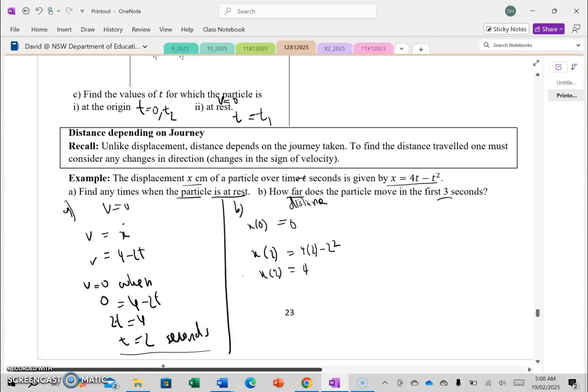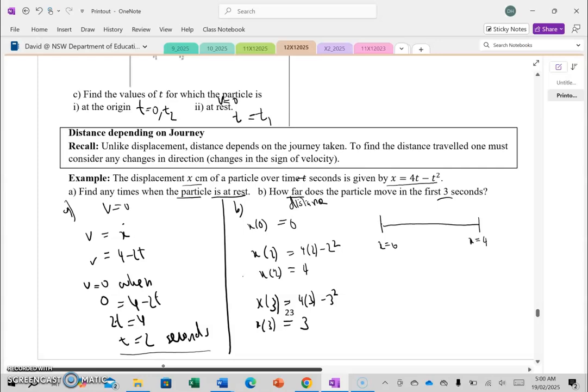In the first 3 seconds, so let's work out the end time when t is 3. So that's going to be 12 minus 9, which is 3. So the journey the particle takes is it starts from displacement 0.